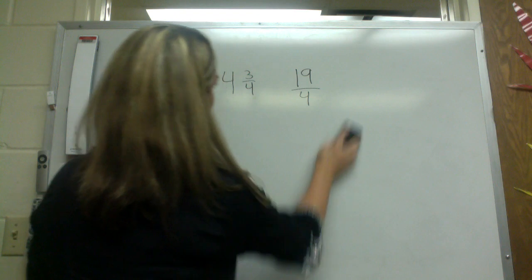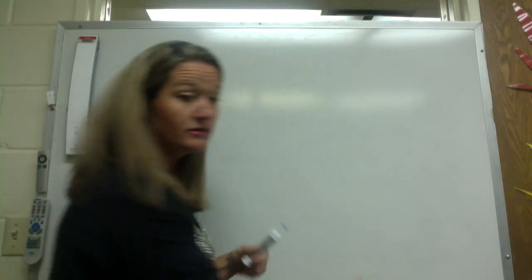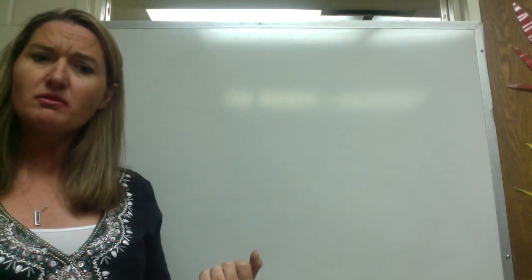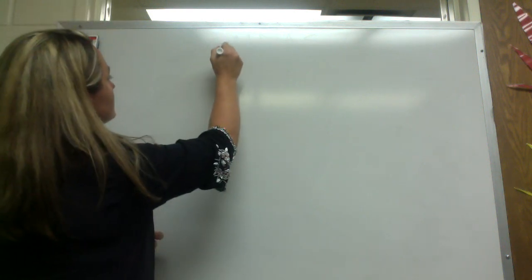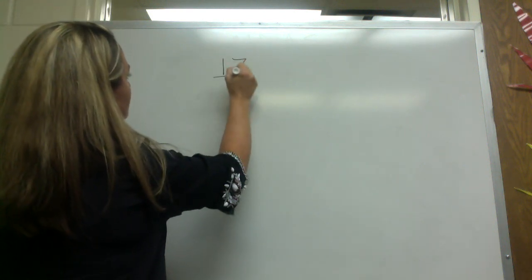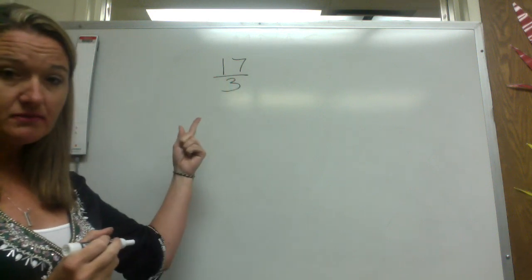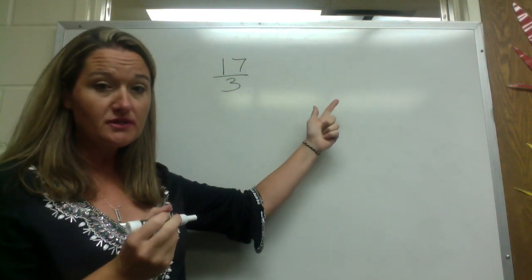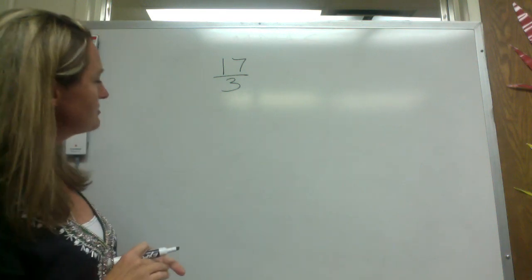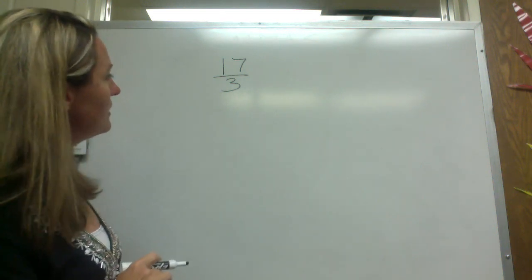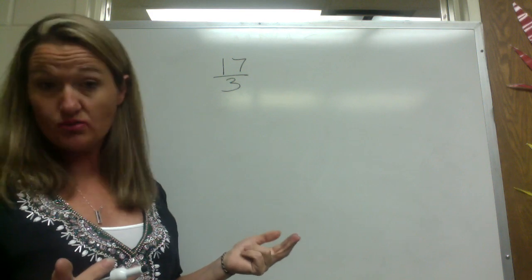Now we're going to do the opposite. I'm going to give you an improper fraction, and we've got to turn it into a mixed number. So let's do 17/3. I have to have a whole and then whatever fraction goes with it. I know every 3 pieces is 1 whole.